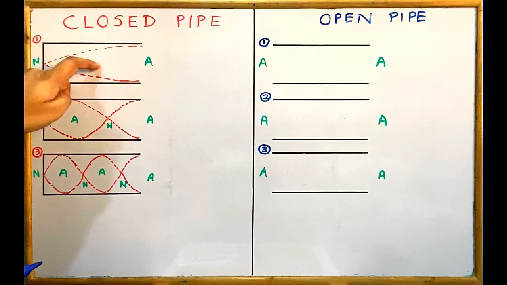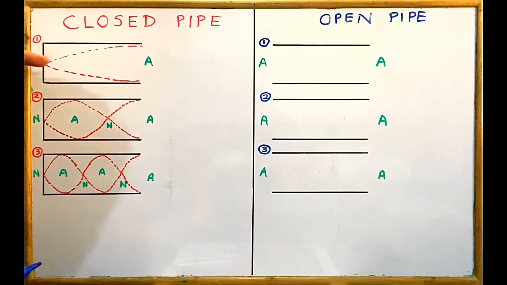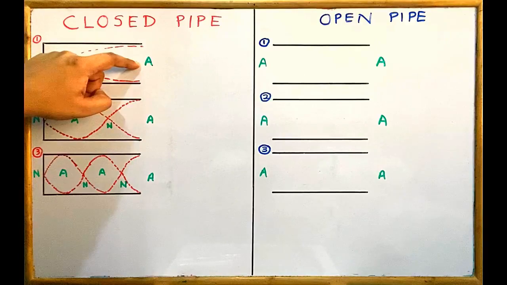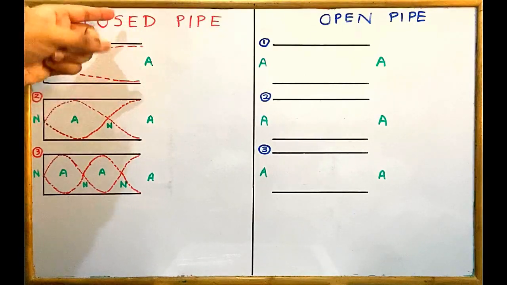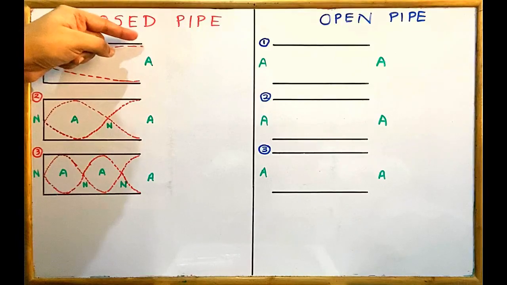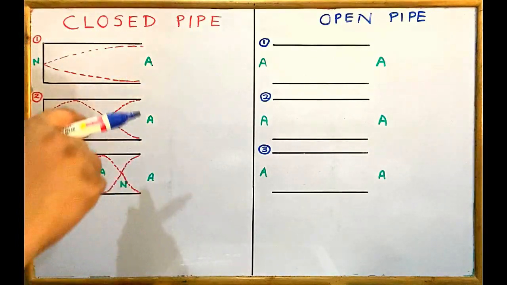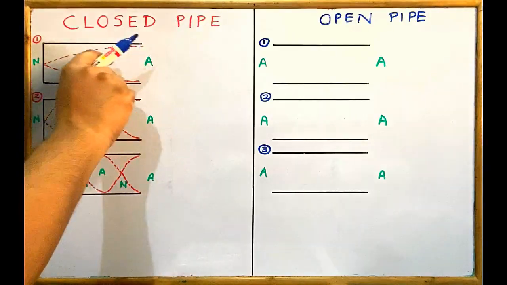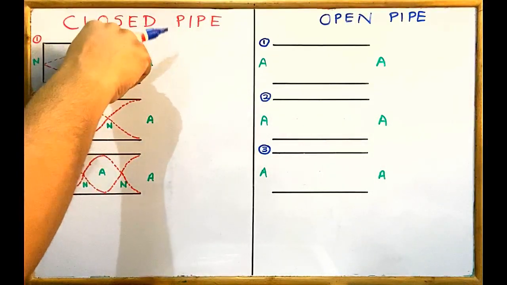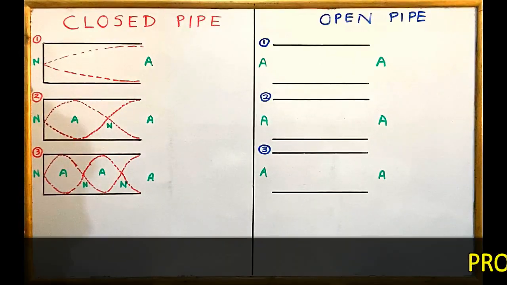Just like, for example, if you consider this fundamental of the closed pipe, if I consider the x-axis as distance or length along the pipe, and the y-axis as amplitude, then if I consider this node here as the origin, it can't vibrate, so the y value is 0, whereas the particle here can vibrate along the y-axis. I'm drawing amplitude along the y-axis, so it can have a positive amplitude as well as a negative amplitude, or in other words, it is actually vibrating left and right, but the left and right vibration I'm drawing as up and down. That's why I said it's a representation.